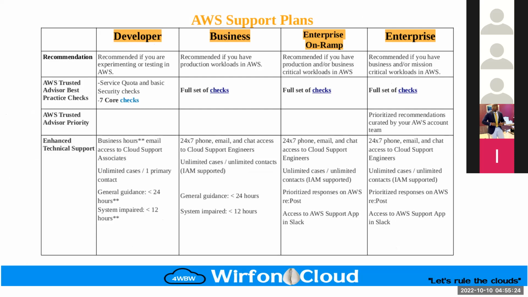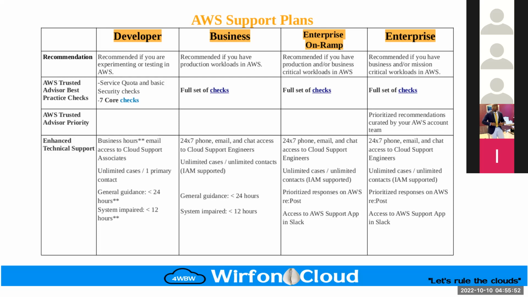So having that in mind, let's look at the developer, the business, the enterprise On-Ramp, and the enterprise support plan. Knowing fully well that everything in the basic support plan is automatically inherited by these support plans. We should have that in the back of our minds while we are reading what is on this table.